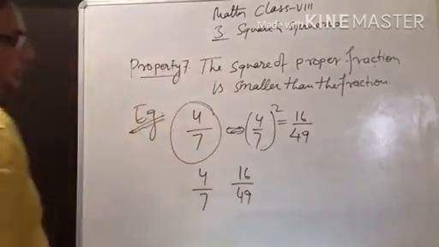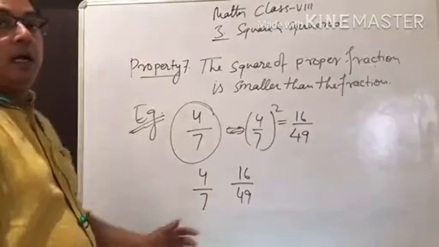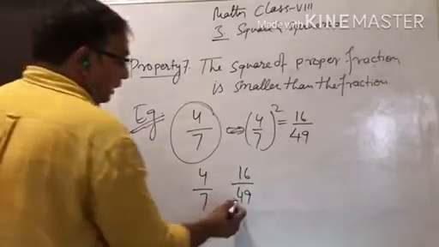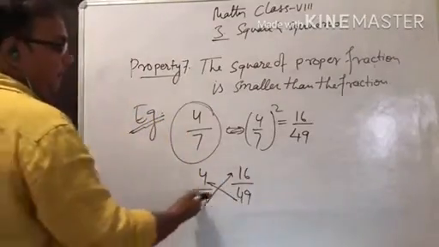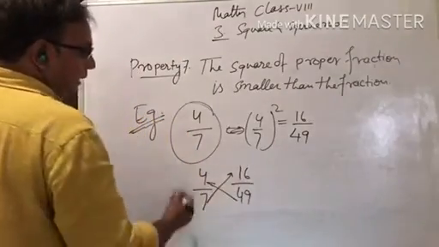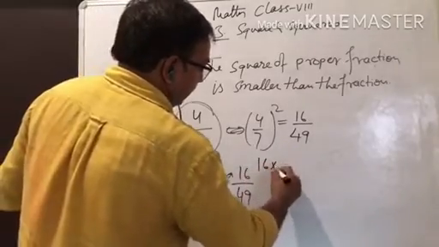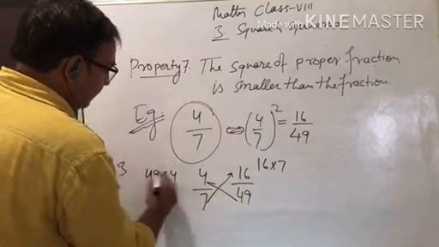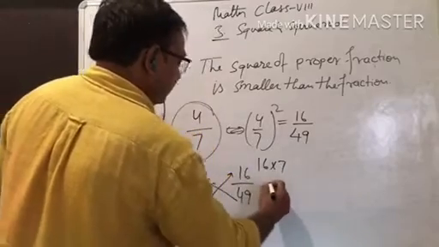How do we check which one is bigger? I think many students know about this and some don't. We just cross multiply: 49 times 4 and 16 times 7. So 4 nines are 36, and this is 196, and this is 112.